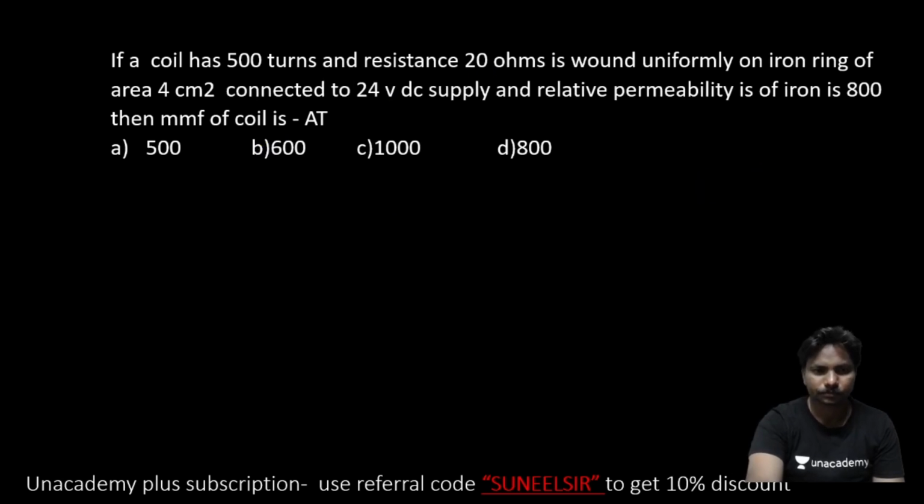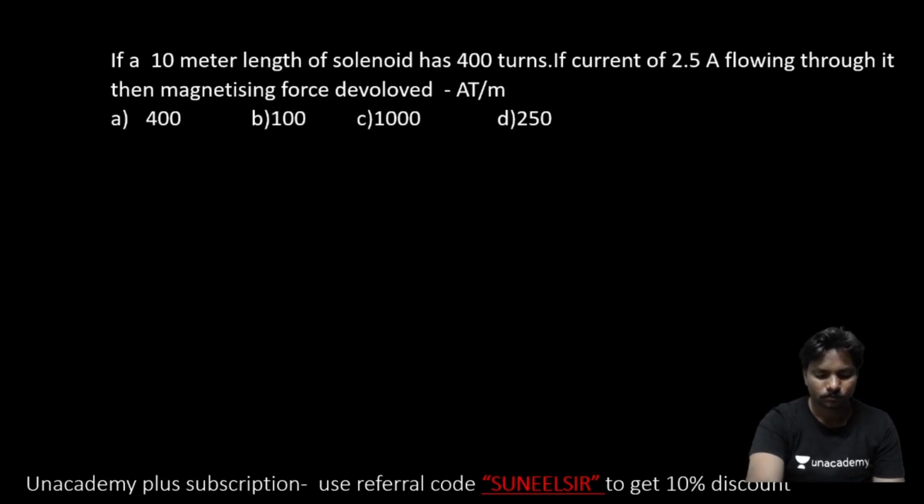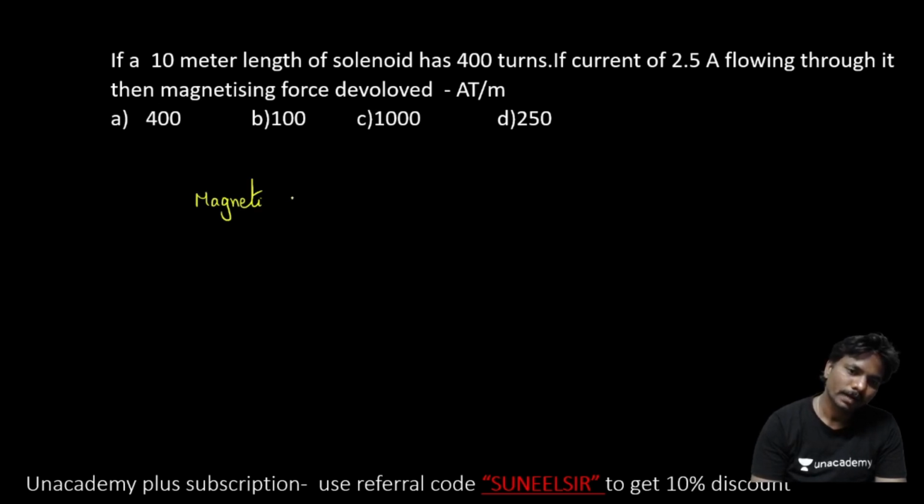Coming to the next one. A 10-meter length of solenoid has 400 turns with a current of 2.5 amps flowing through it. Then the magnetizing force required.